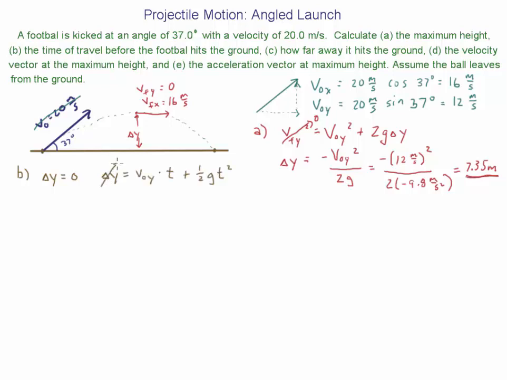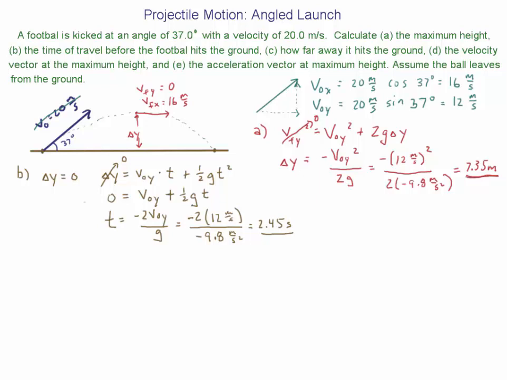Delta y is 0, which means if I divide both sides by t, 0 divided by t is 0, and I divide each of these terms by t, I'm going to wind up with t equals negative 2 V0y over g, which is negative 2 times 12 meters per second over negative 9.8 meters per second squared. And that gives me a time of 2.45 seconds. All right, we're on a roll.